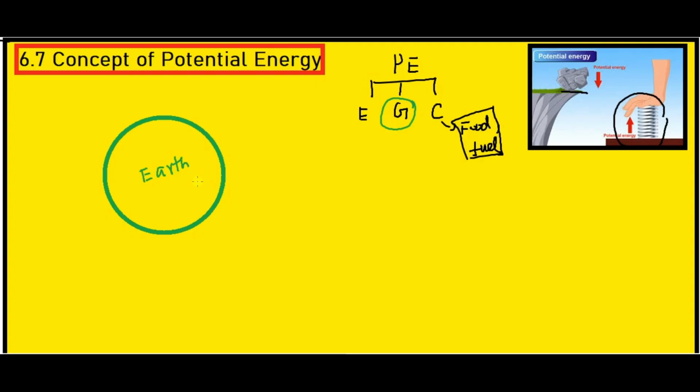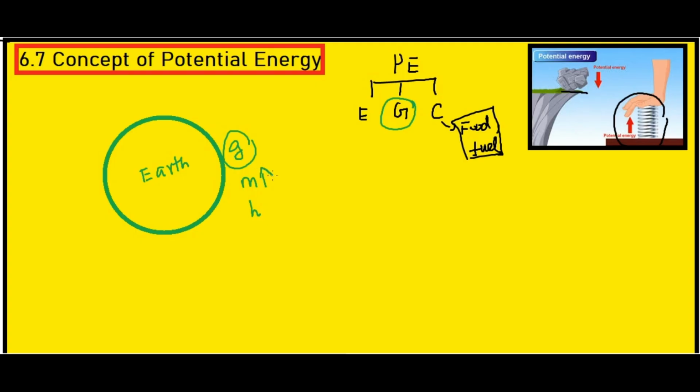This constant attraction between the Earth and the object leads to gravitational potential energy. This form of energy depends on the mass of the object, the height of the object, as well as the amount of gravitational pull.